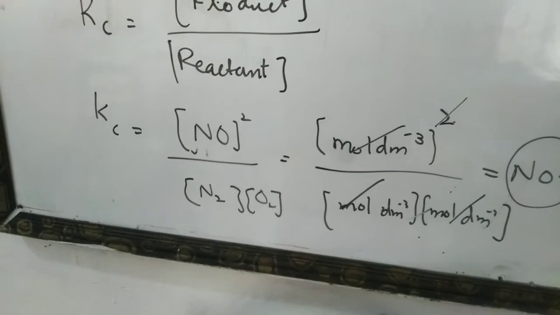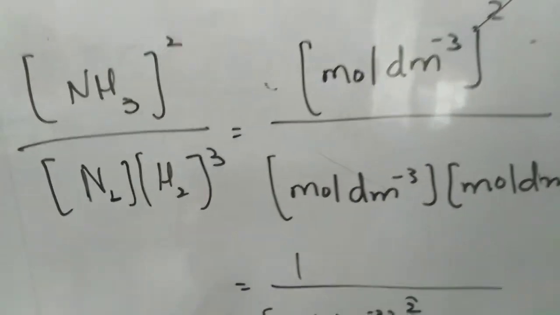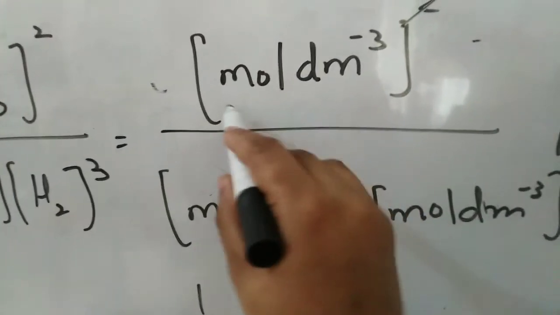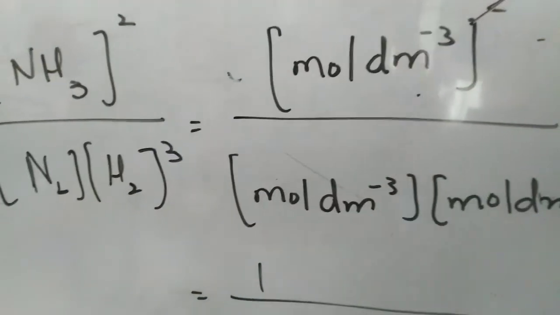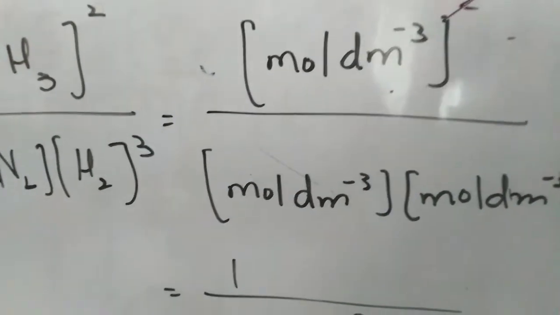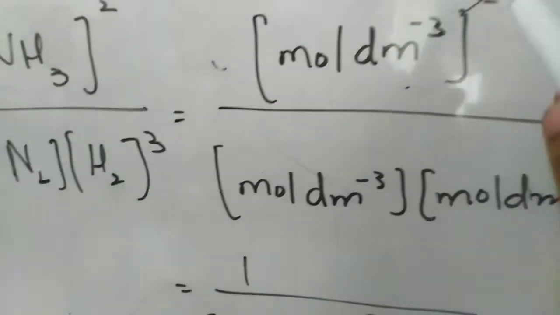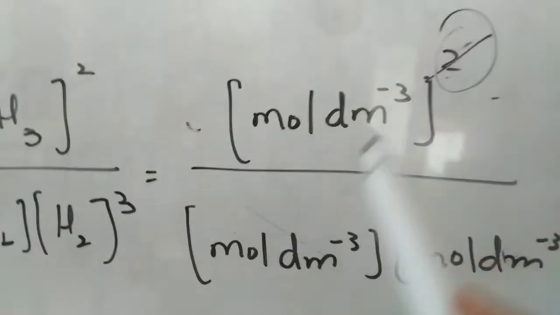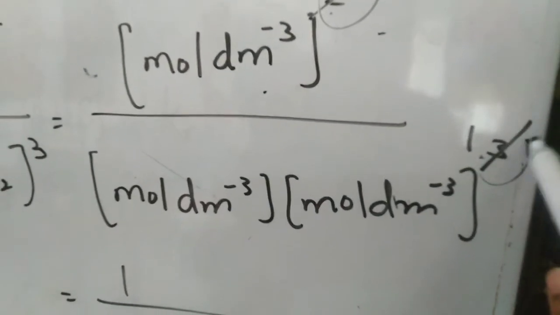Now we discuss the other example, that is the example of ammonia. In this example, we can write the powers of the exponents. This is the unit for the ammonia, which is the product of the above reaction, and here is the 2, which is the exponent for the balancing of the equation, that is converted into the unit here. Now mole per dm cube and mole per dm cube, and here is the power 3.